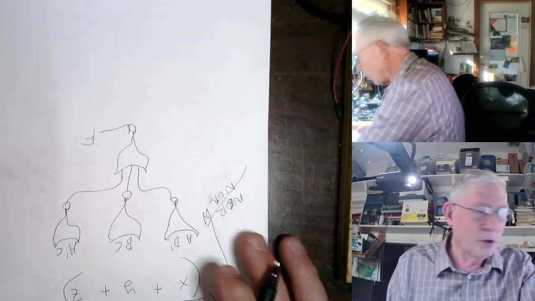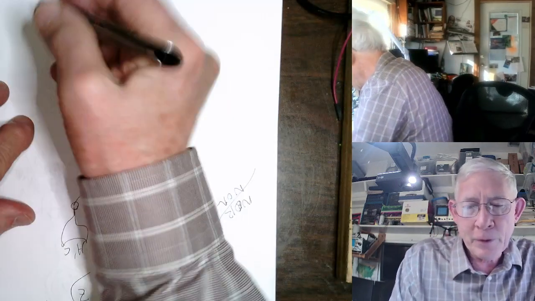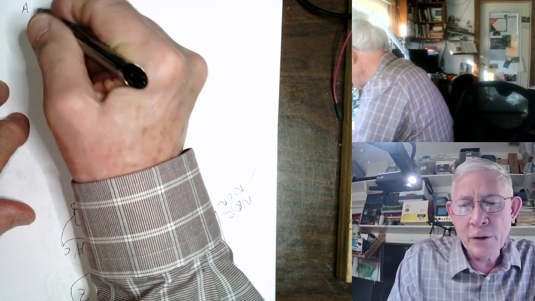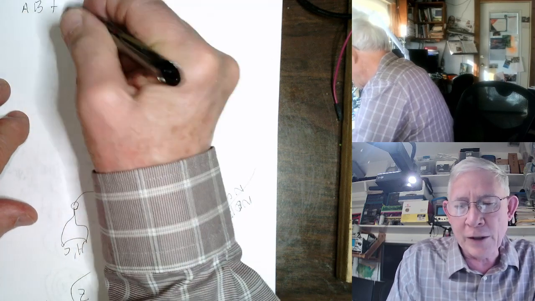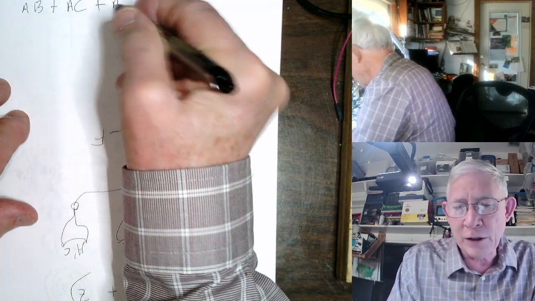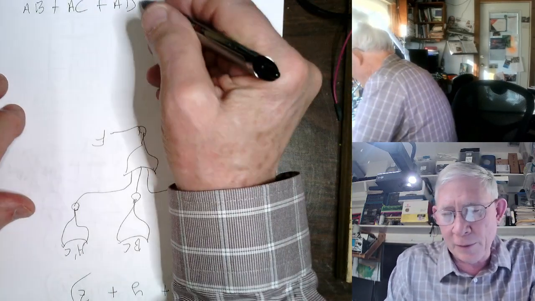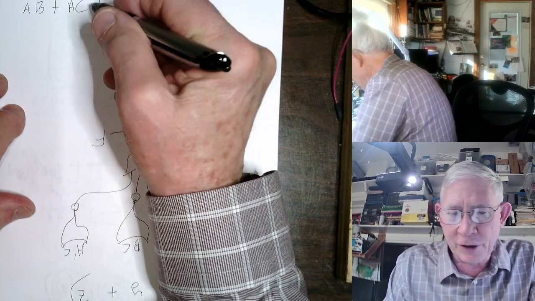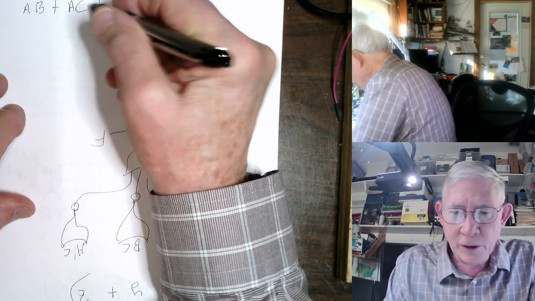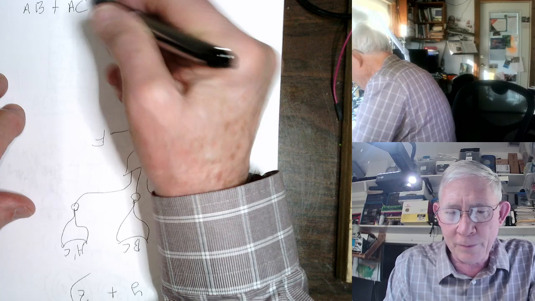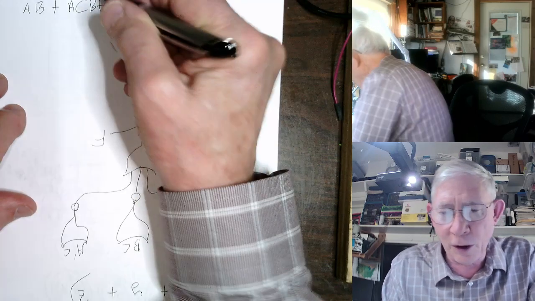Okay, so say let's do AB + AC + AD, so ADE maybe, something like that. Maybe AC', AC'B, maybe, I don't know, B', something like that.